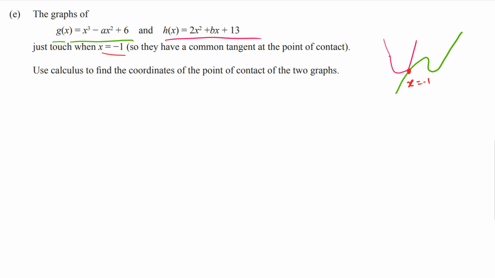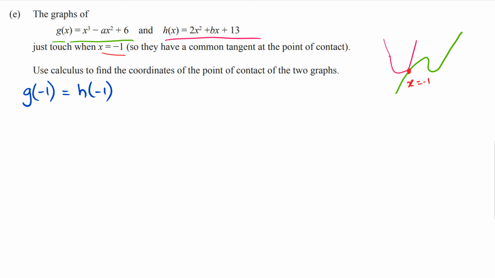Now, these are the facts that we know. If we put -1 into g, whatever value we get will be the same for h of -1, the y value, because at that point both graphs have the same y value. So if we put -1 in the green equation or the pink equation, we get the same value.